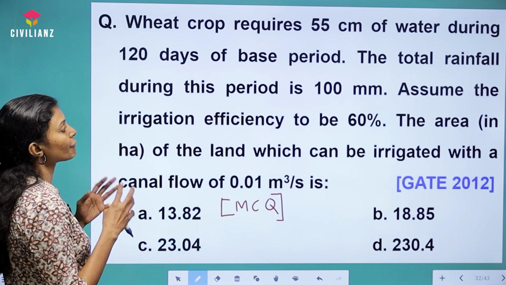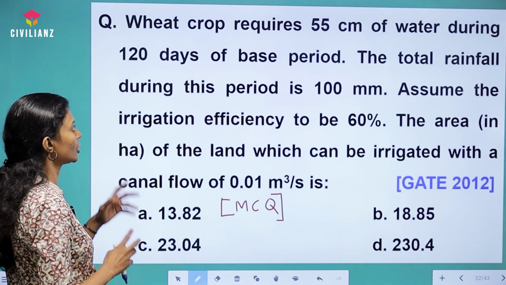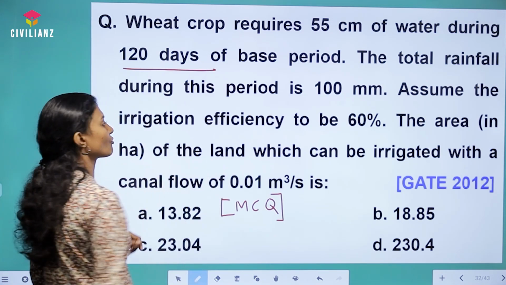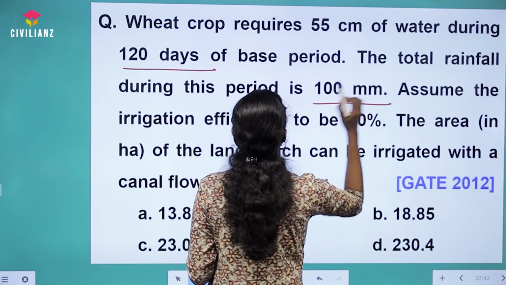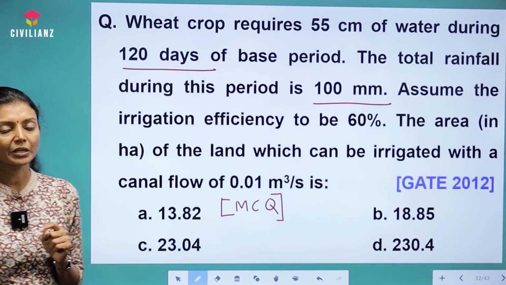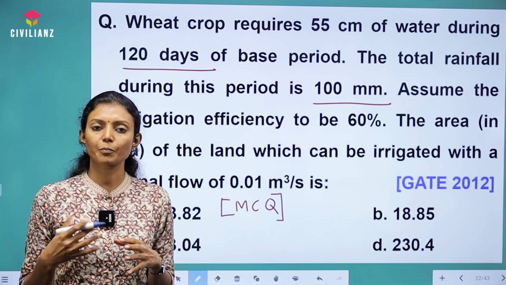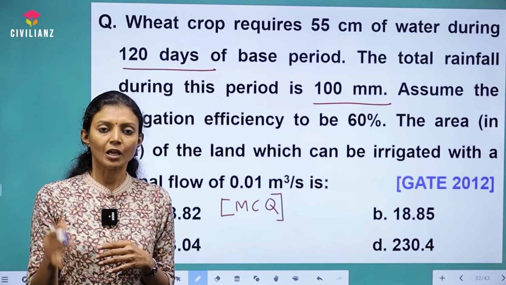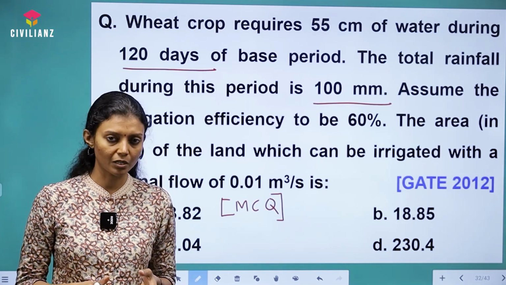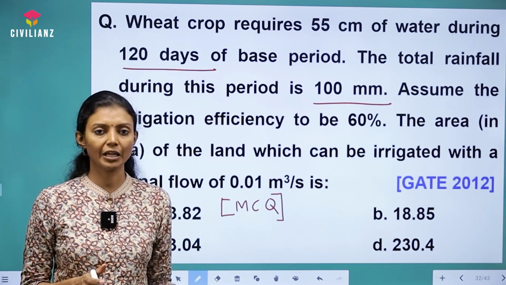Wheat crop requires 55 centimeter of water during 120 days of base period. The total rainfall during this period is 100 mm. Here you have to be careful. Irrigation is the process of artificially supplying water for growing crops. Now if rainfall is available, you have to provide only the remaining water.